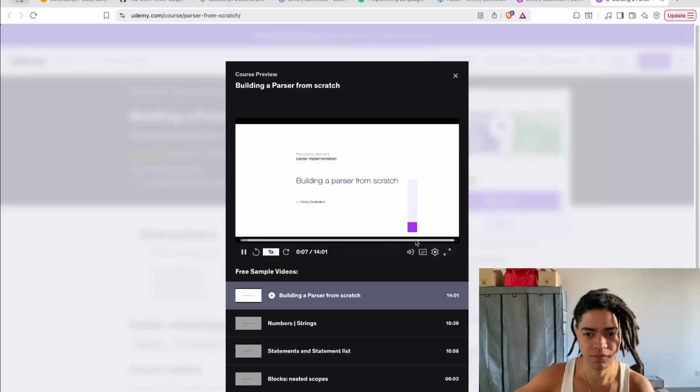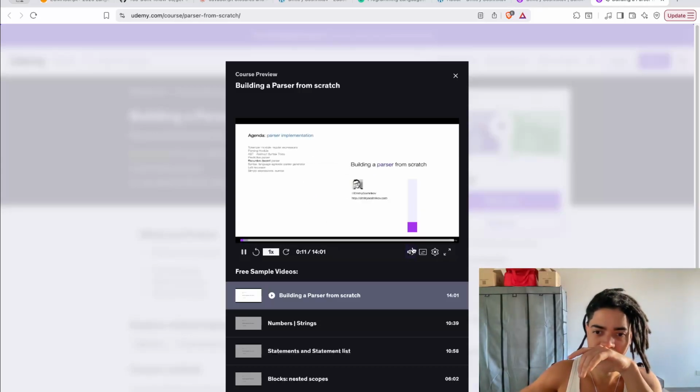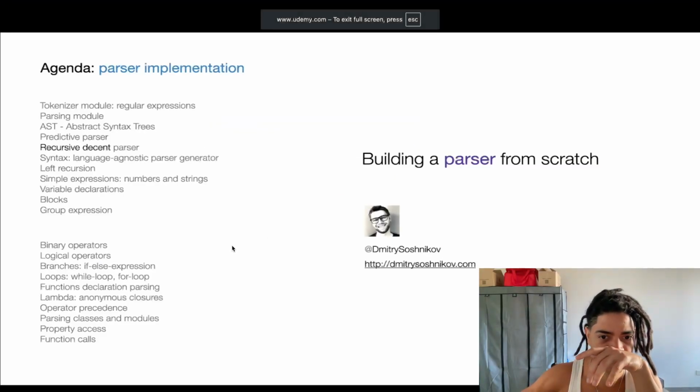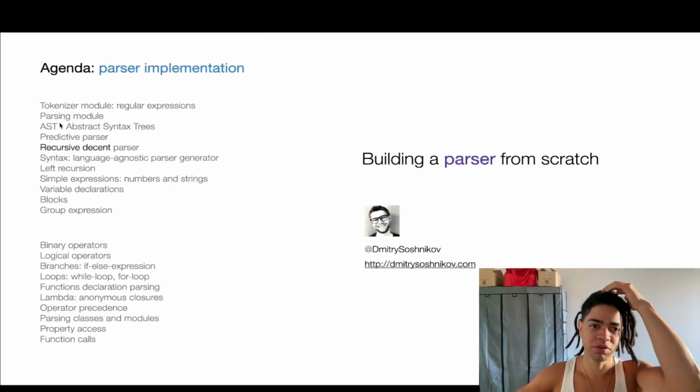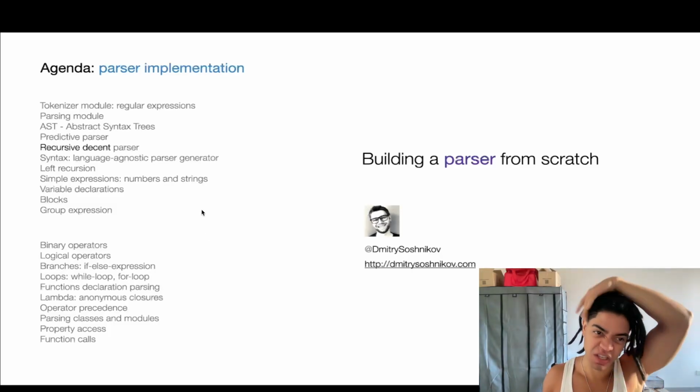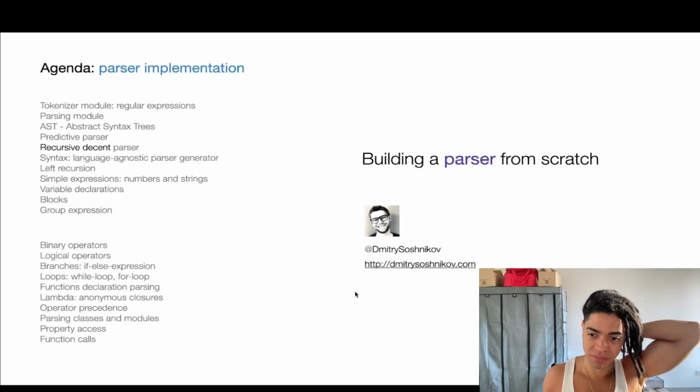Hi and welcome to the first session of the Building a Parser from Scratch class. My name is Dmitry Soshnikov and I'll be teaching this class. And just to set the agenda, this is a purely practical class. We will have just a small amount of theory: tokenizer module, parsing module, abstract syntax tree, predictive parser, recursive descent. But most of the videos will be actual practical exercises, building a parser from scratch.